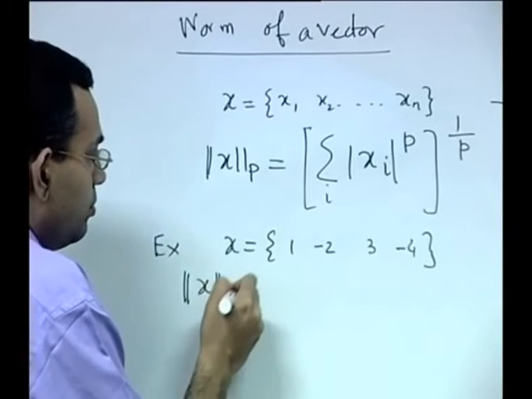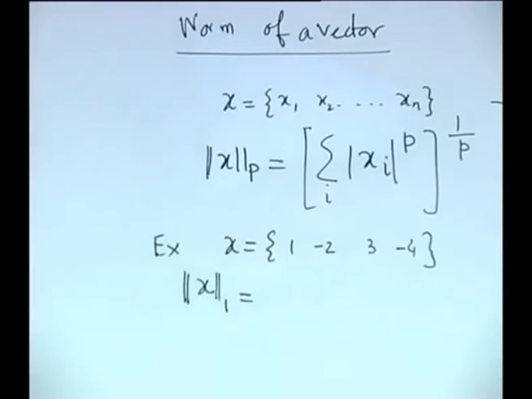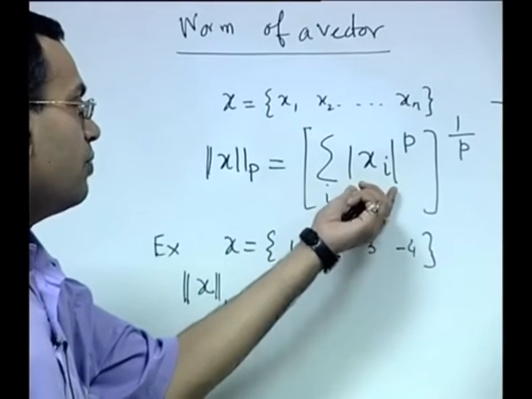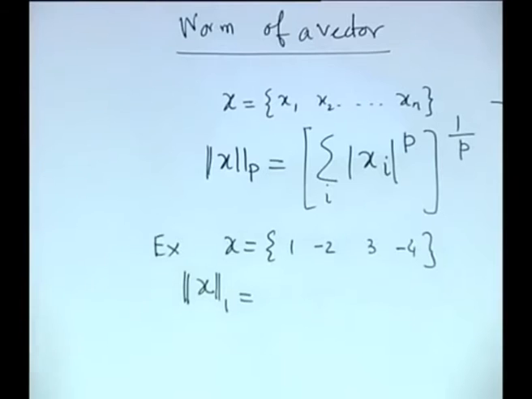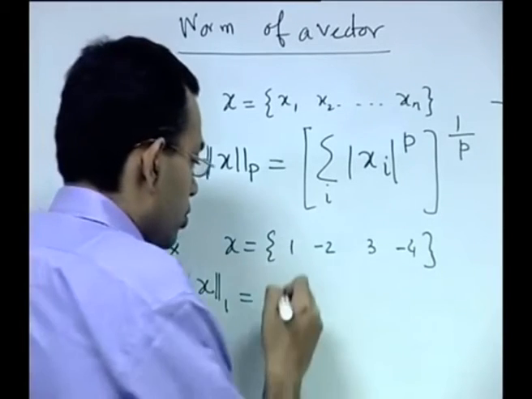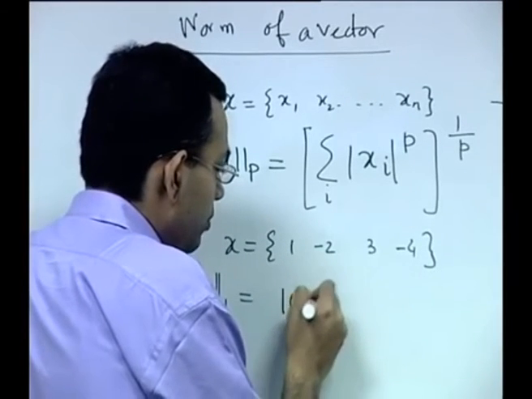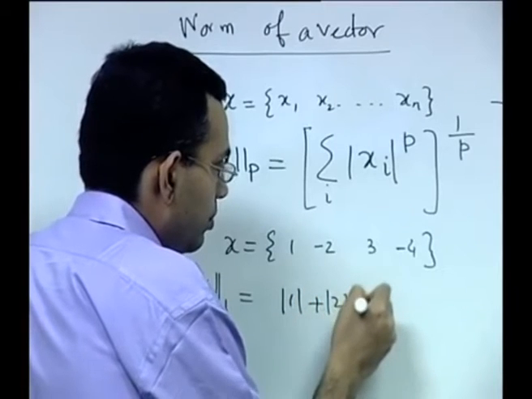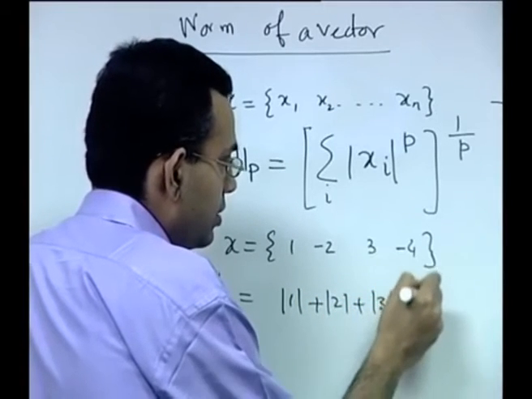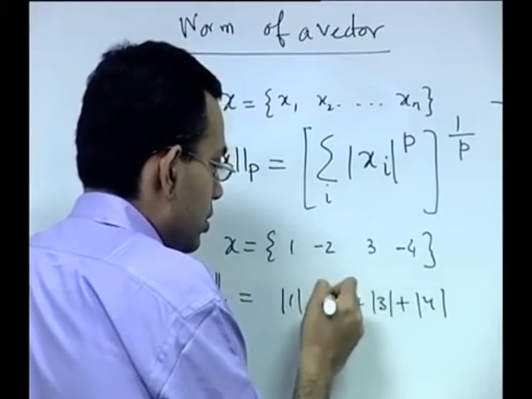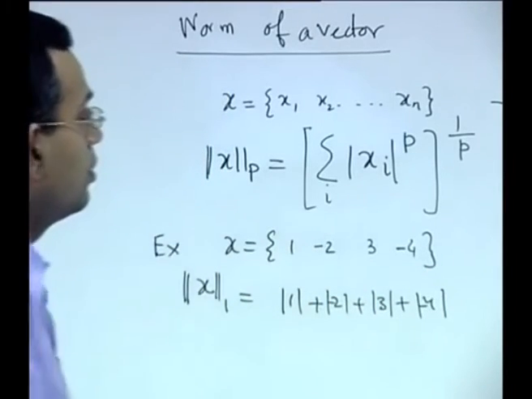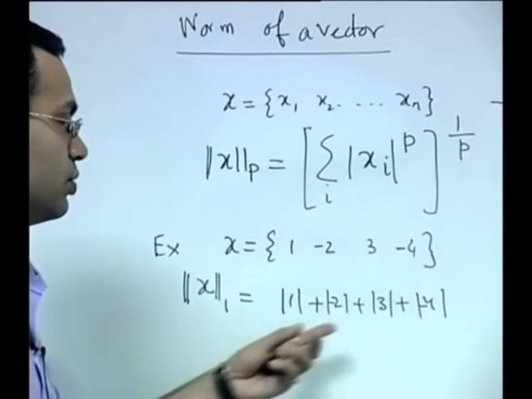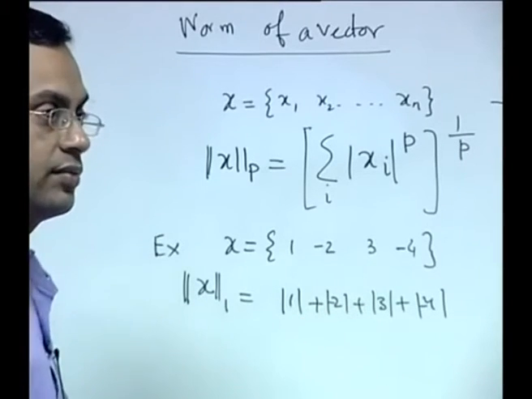The first norm is the summation of mod of xi to the power p. So, mod of 1 plus mod of 2 plus mod of 3 plus mod of 4. So, this is 10.